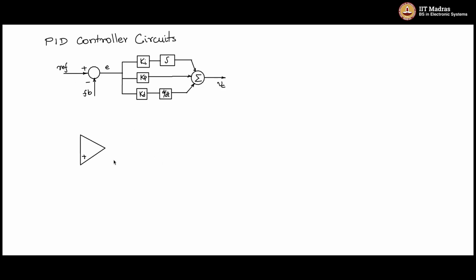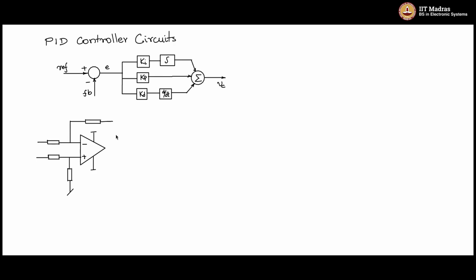So let me take an op-amp, the VCC, VEE, plus and minus. Let us implement this first. So this is a difference amplifier. So let me draw the difference amplifier. This is two resistances. You can have equal resistances.